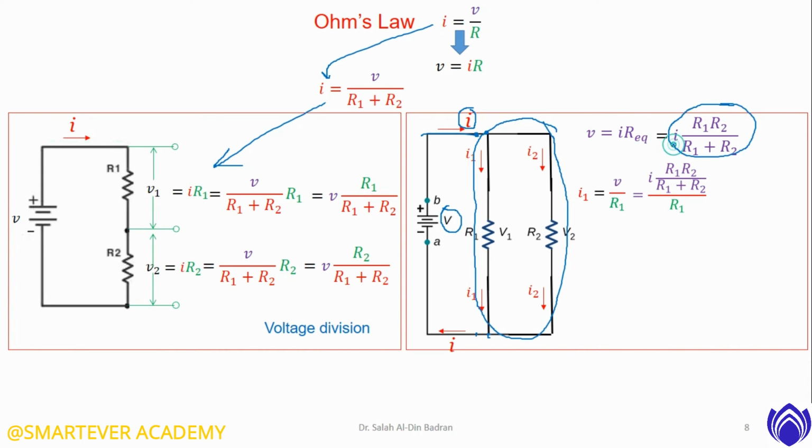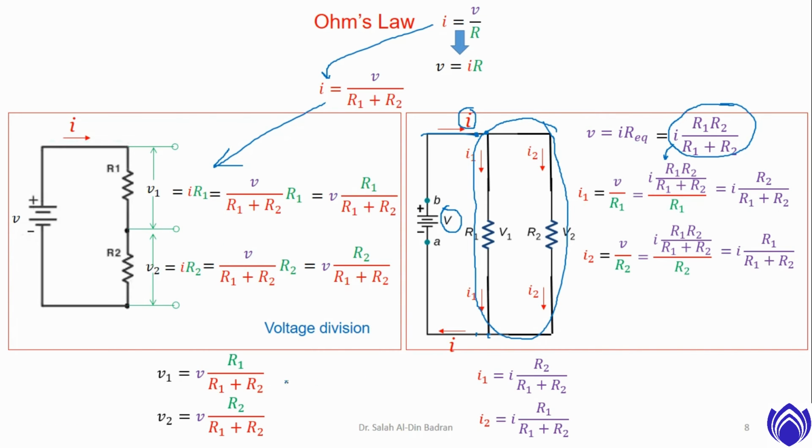We wrote this formula as is in the numerator over R1. We will rearrange this formula. You see, at the end, to find I1, the current across this resistor in this branch, we do not need the voltage here, any voltage. It's enough to have I and the values of the two resistors connected in parallel. The same thing we will do to find I2 across R2 in this branch.